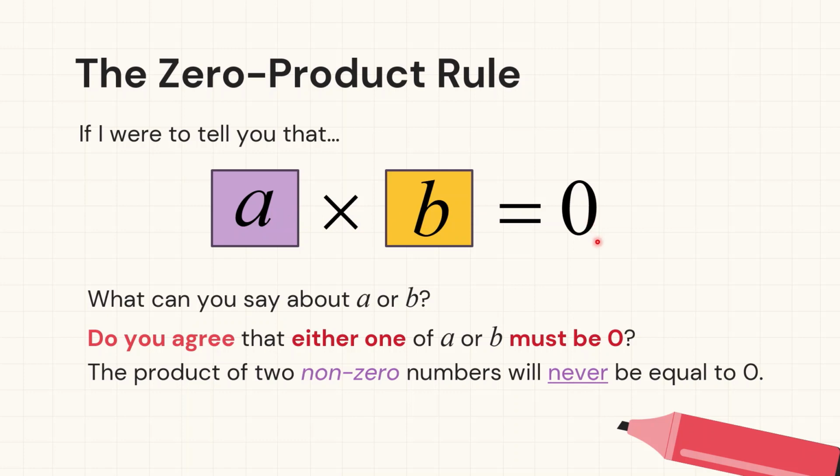So that is what we mean by the zero product rule. Whenever we have two things multiplying with each other and it is equal to 0, we can confidently say that either a, otherwise b, or it could also be both numbers that are equal to 0. So that will be the key thing that we are going to apply whenever we solve quadratic equations.